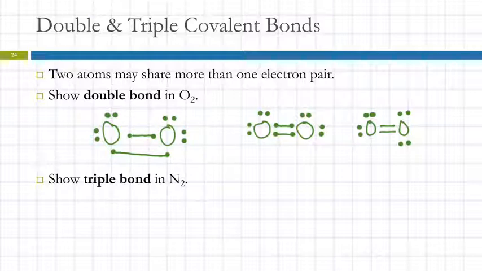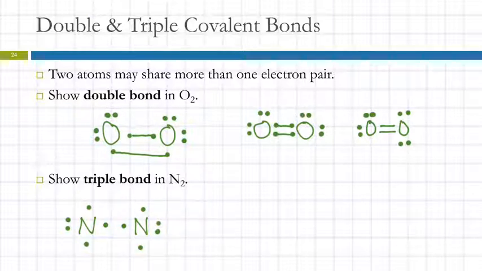Okay, let's look at nitrogen. How many valence electrons does nitrogen have? 5, yeah. These are not trick questions here. Wake up. It's okay. 1, 2, 3, 4, 5 for that one. And 1, 2, 3, 4, 5 for that one.